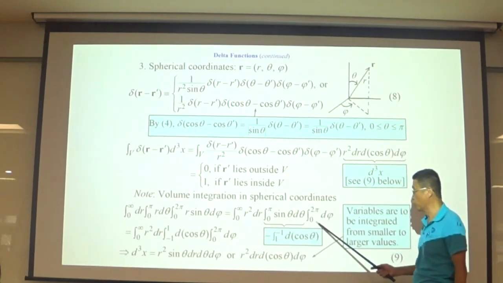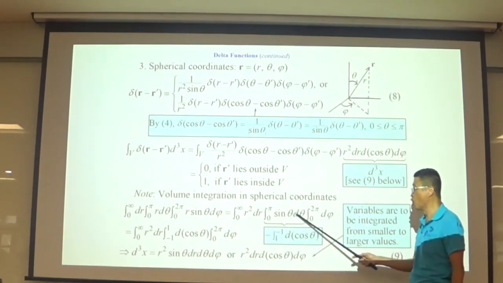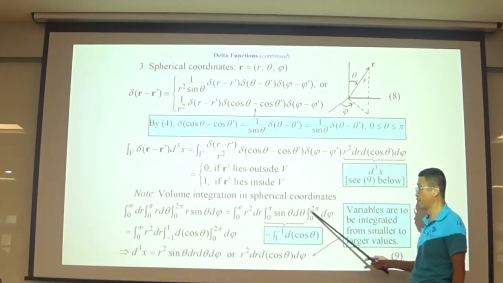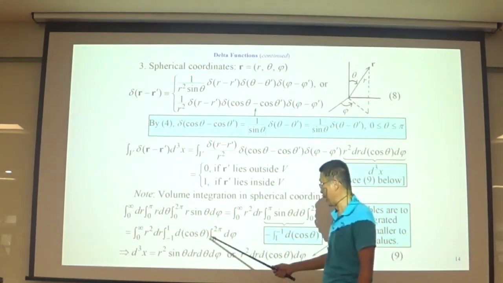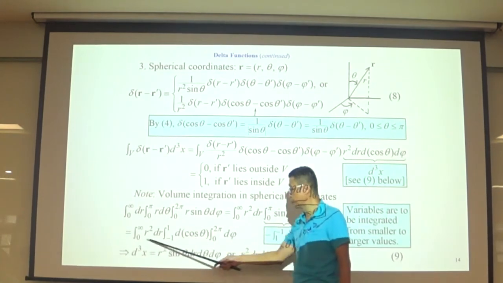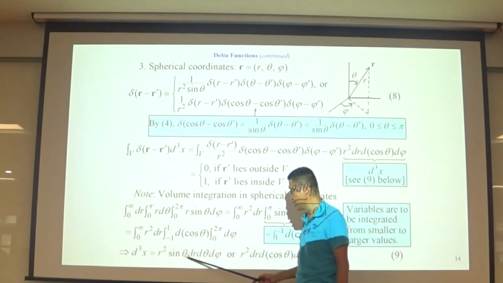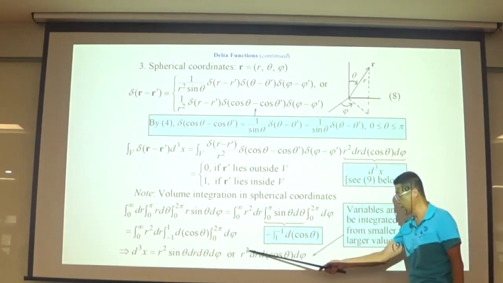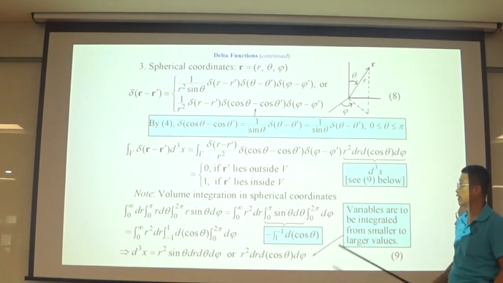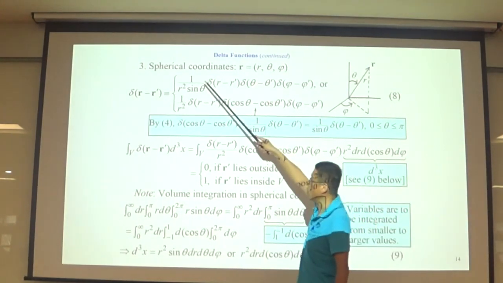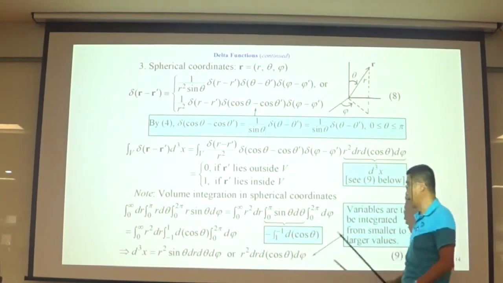This one gives us 2 pi. This one gives us 2. So it gives us 4 pi. 4 pi here, 2 pi times 2. And then this one: the volume element is r squared sine theta dr d theta d phi, or r squared dr d cosine theta d phi. Just notation. But now you know why we write into this form. Okay.